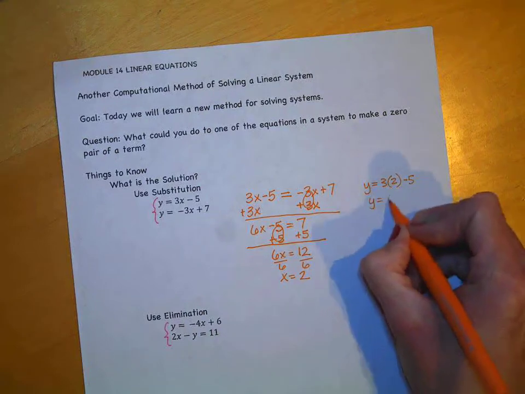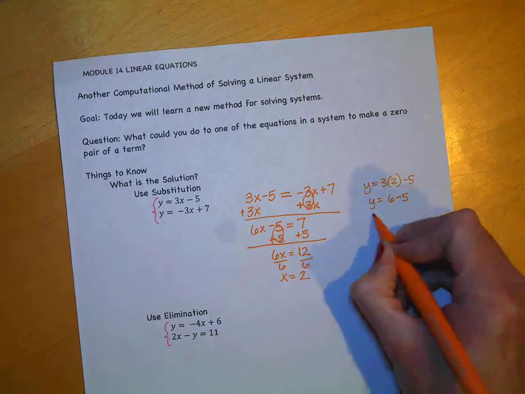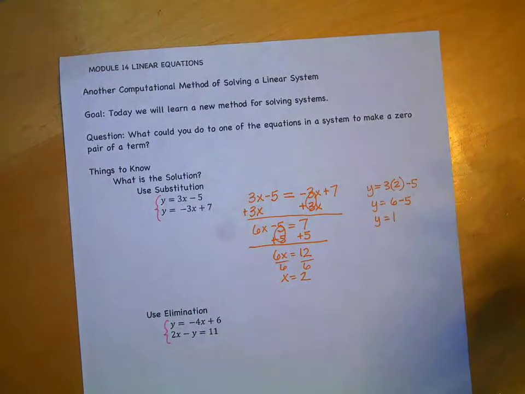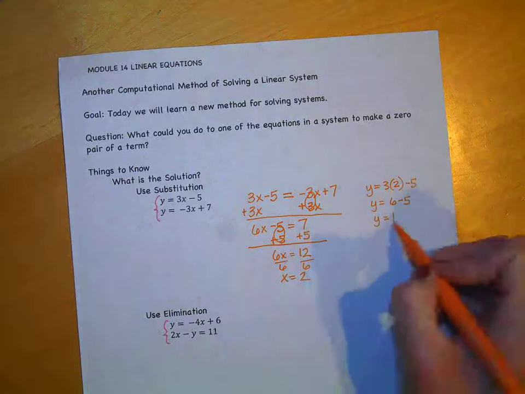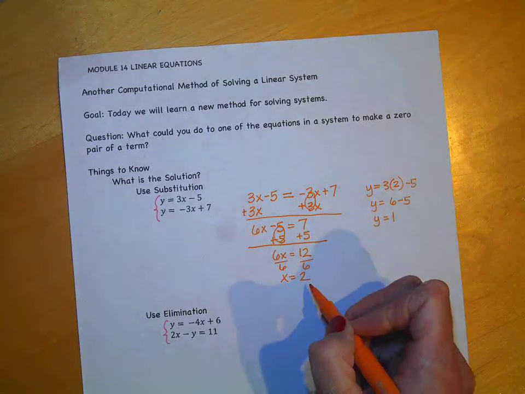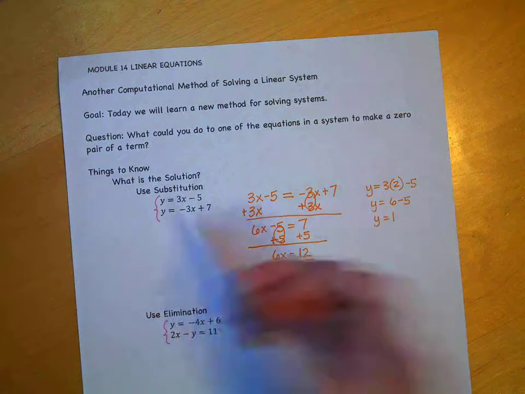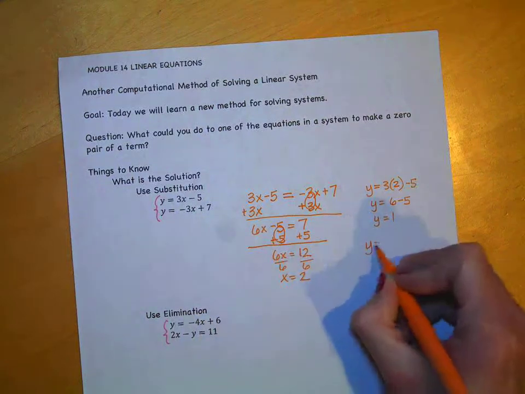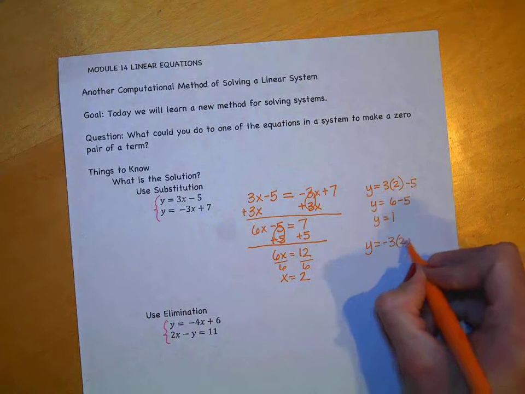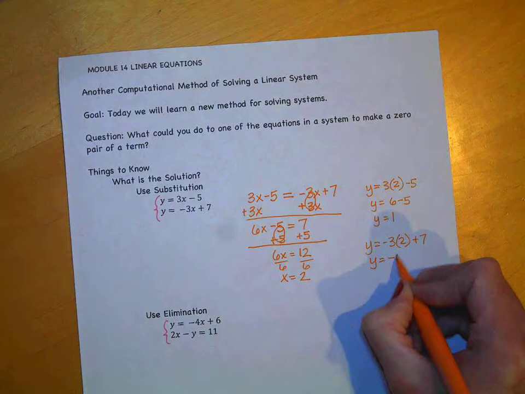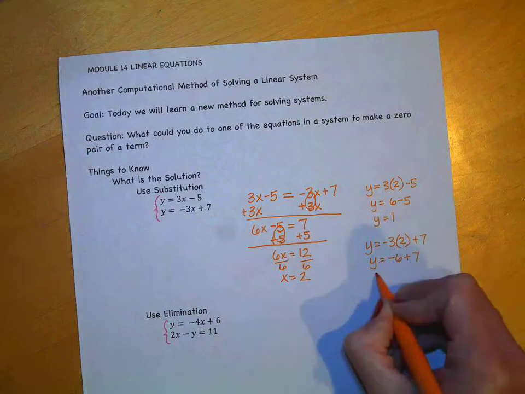So y equals 6 minus 5, so y equals 1. Okay? So now we know what y equals and we know what x equals, and we're going to check that one again in just a minute, but let's also check it here. So now we have y equals negative 3 times 2 plus 7. y equals negative 6 plus 7.